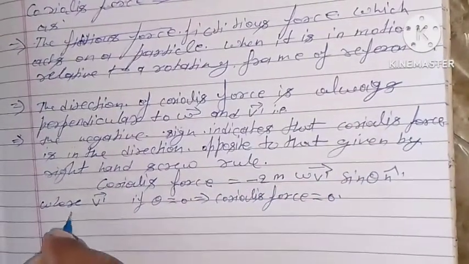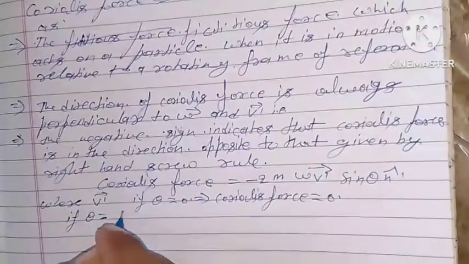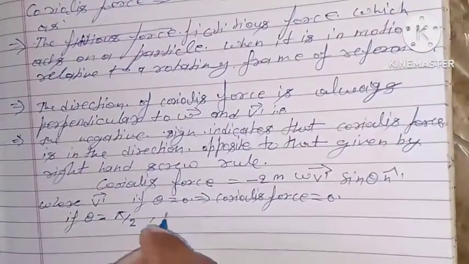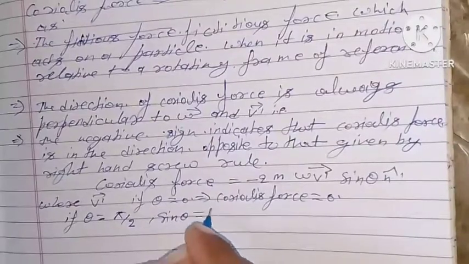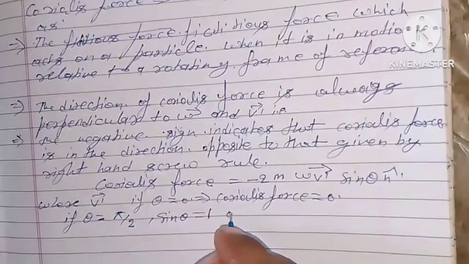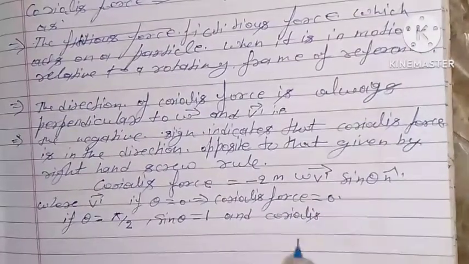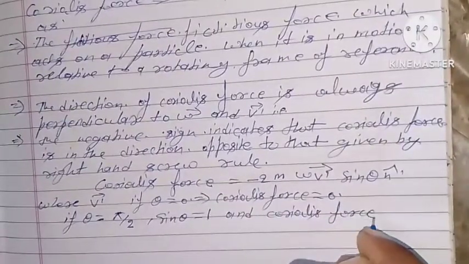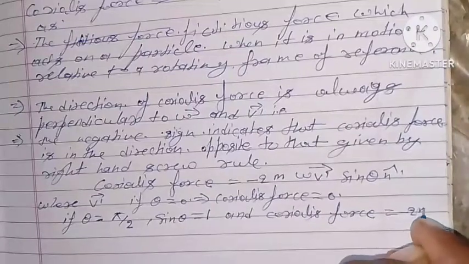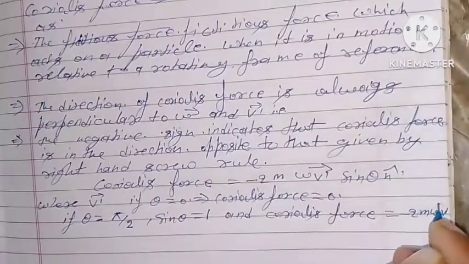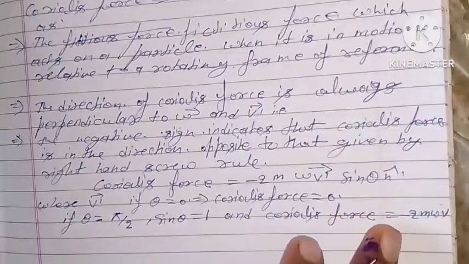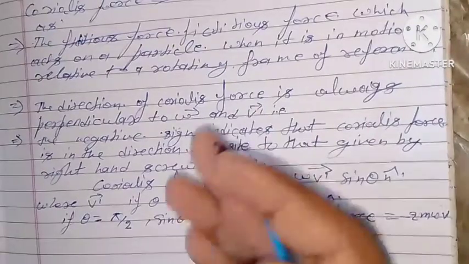If theta equals pi by 2, then sin theta equals 1, and Coriolis force equals minus 2m omega v dash, which is the maximum value.